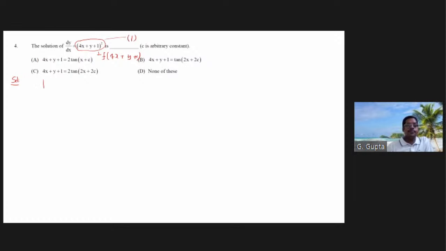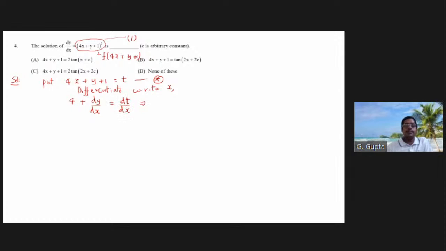Put 4x plus y plus 1 is equal to t. This is the star step. So differentiate with respect to x. You will be getting 4x derivative with respect to x is 4, y derivative with respect to x is dy by dx, 1 constant derivative 0, t derivative with respect to x is dt by dx.